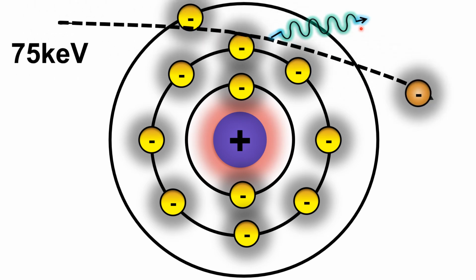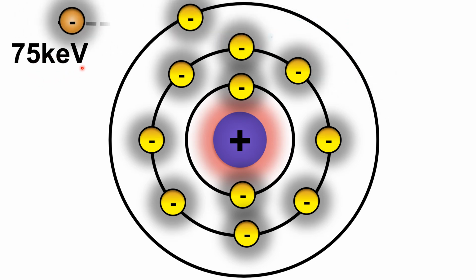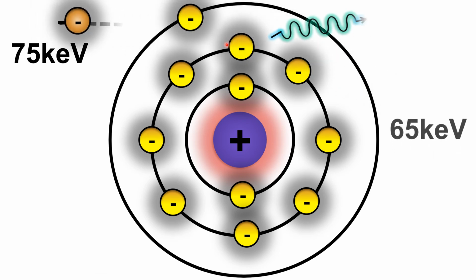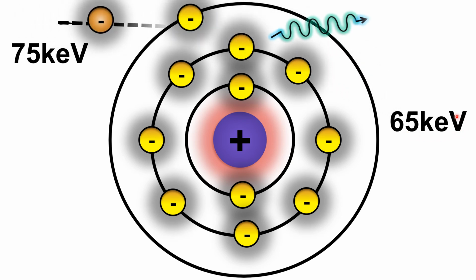Suppose the electron interacting with the nucleus of the sodium atom has 75 kilo electron volt energy, and when it interacts with the nucleus, there may be a slight decrease in its kinetic energy of around 10 kilo electron volt.